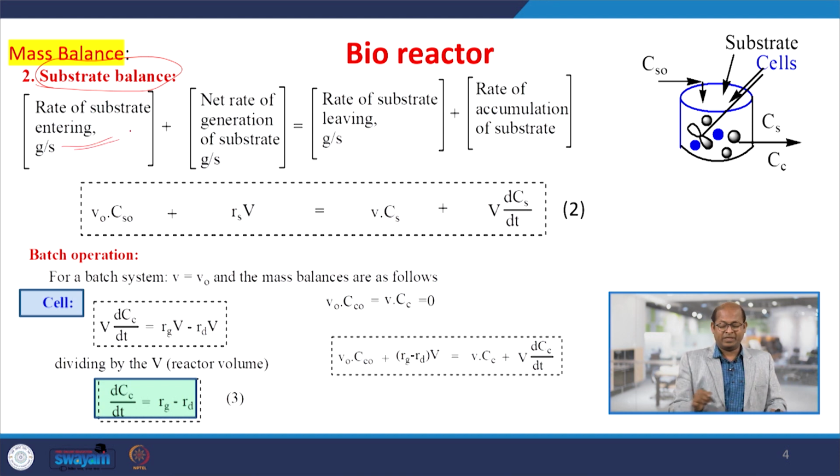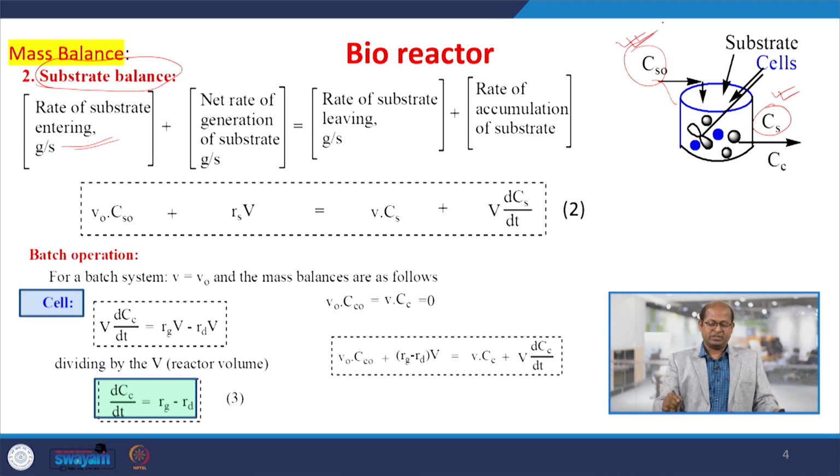Similarly for the substrate we can do the material balance. The substrate enters, then it is consumed or disappears in the cell reactions, and the remaining substrate leaves the reactor. This is the final substrate concentration, and this is the initial substrate concentration.